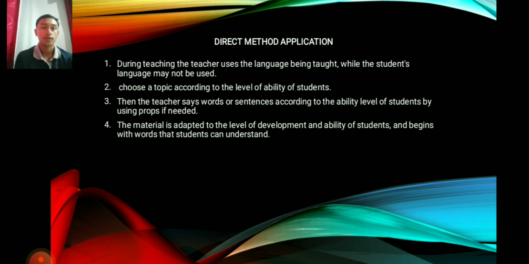Direct method application. Number one, during teaching the teacher uses the language being taught, while the student's language may not be used. Number two, choose a topic according to the level of ability of the students. Number three, then the teacher says words or syntax according to the ability level of the students, using props if needed.